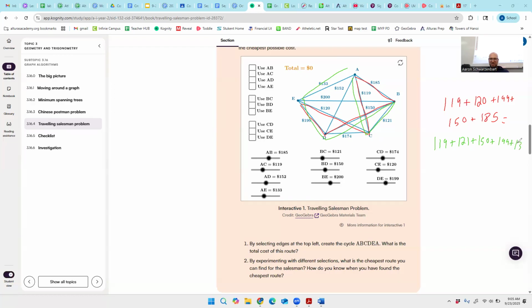I'm going to show you the other algorithm. So you got 773? Okay. Can somebody add up the green ones? I believe for the green one I actually used the other algorithm, but I'm not sure.